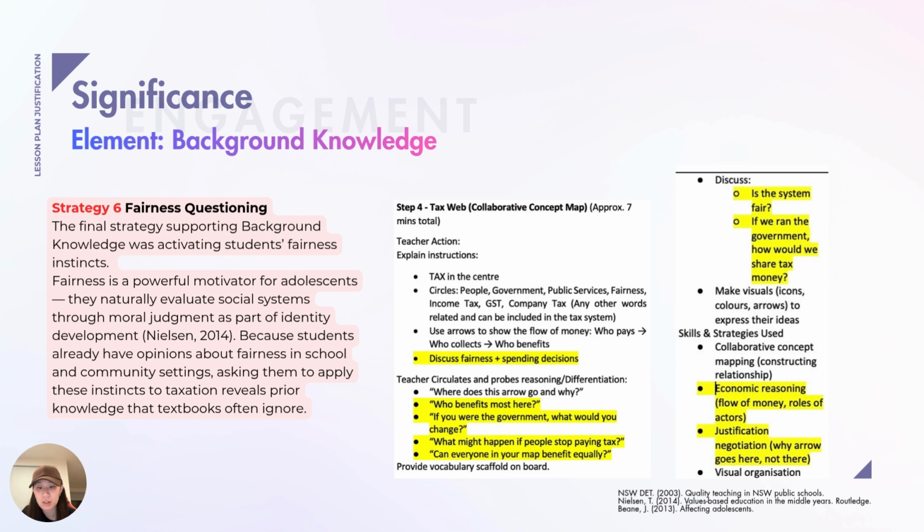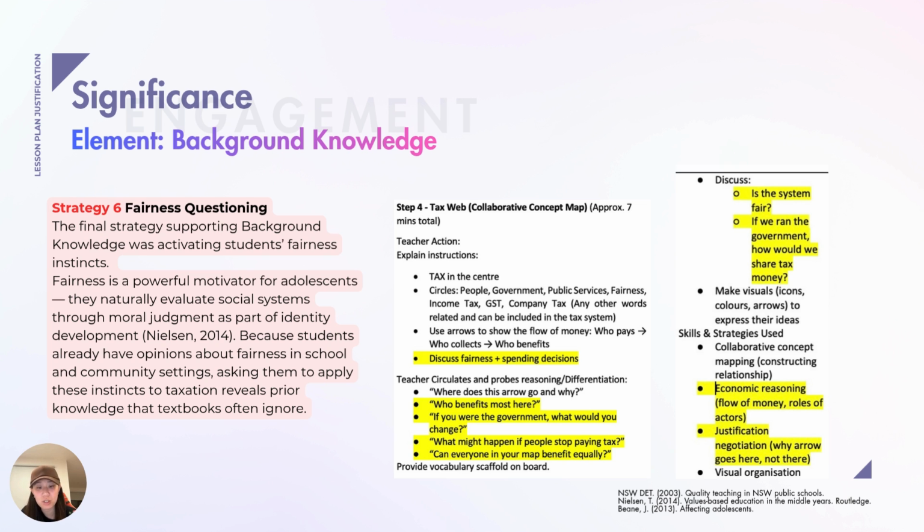So because students already have opinions about fairness in school and community settings, asking them to apply these instincts to taxation reveals prior knowledge that textbooks often ignore. So this aligns with significance in the QDM, as meaningful learning requires connecting with students' values, interests, and experiences.